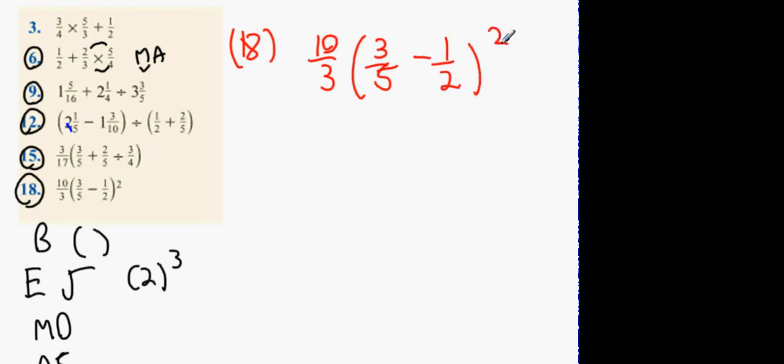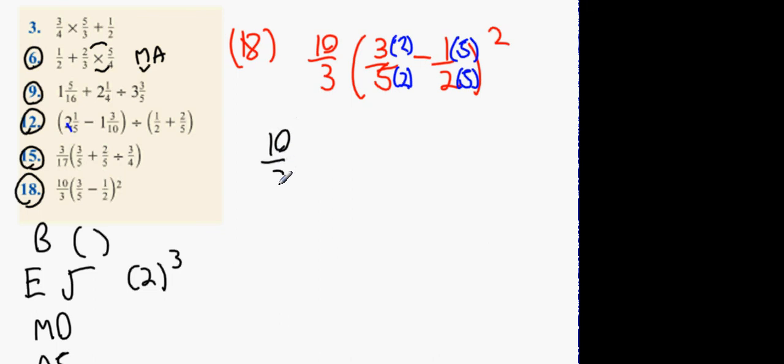Now what do I need to do first? You need equivalent fractions because you're taking them away, so you're going to do the subtraction first. What's the common denominator between 5 and 2? 10. Multiply the top and bottom by 2, and the other one by 5. Now multiply them out, and what do we get?